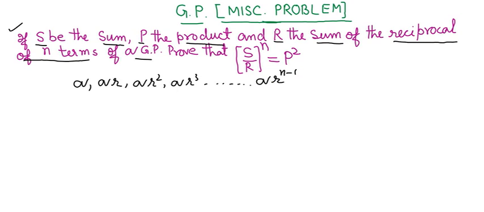These all terms give us a GP. So, according to the given condition, S is the sum of all these terms of the GP.